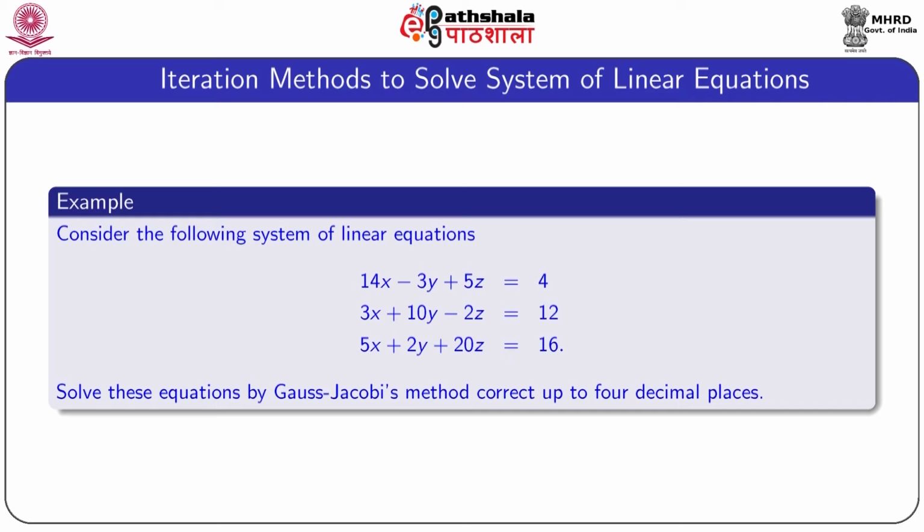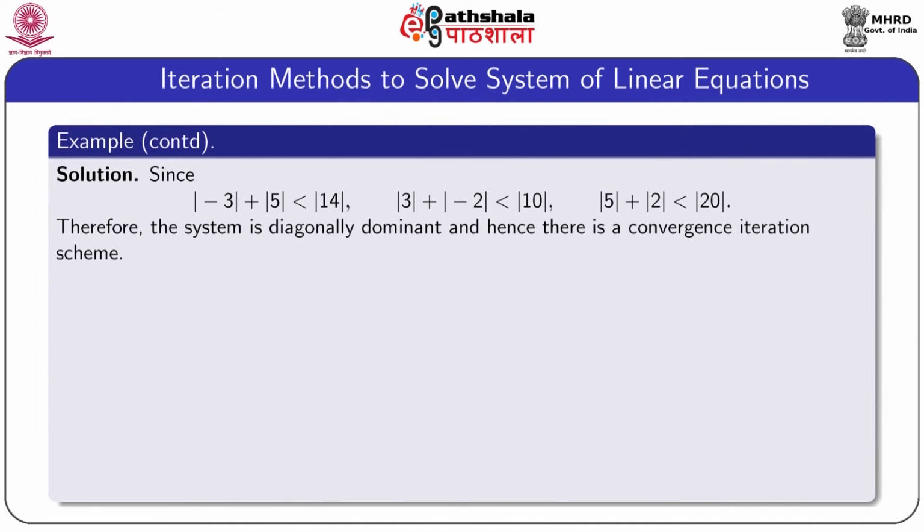Now we consider an example to illustrate the Gauss-Jacobi's method. The given set contains 3 variables and 3 equations. From this system we see that the sum of the absolute values of the coefficients of the variables y and z is strictly less than the coefficient of the first variable x.